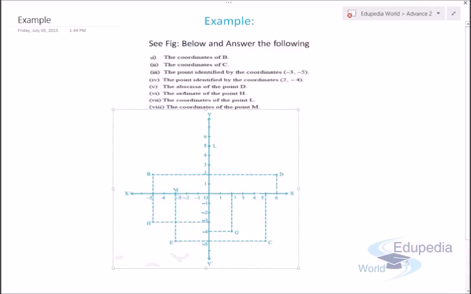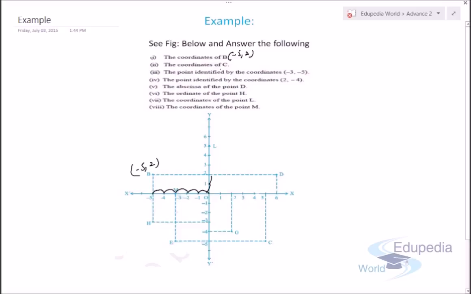We have to answer the following questions by seeing the figure below. We have to write the coordinates of point B. Clearly we can see x is 5 units, 1, 2, 3, 4, 5, and y is 2 units, 1, 2. So the coordinates of point B are -5 and 2.